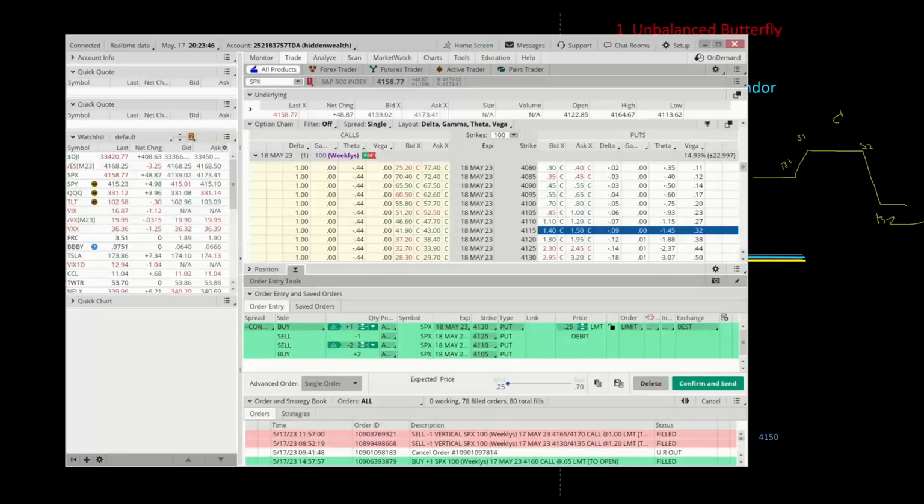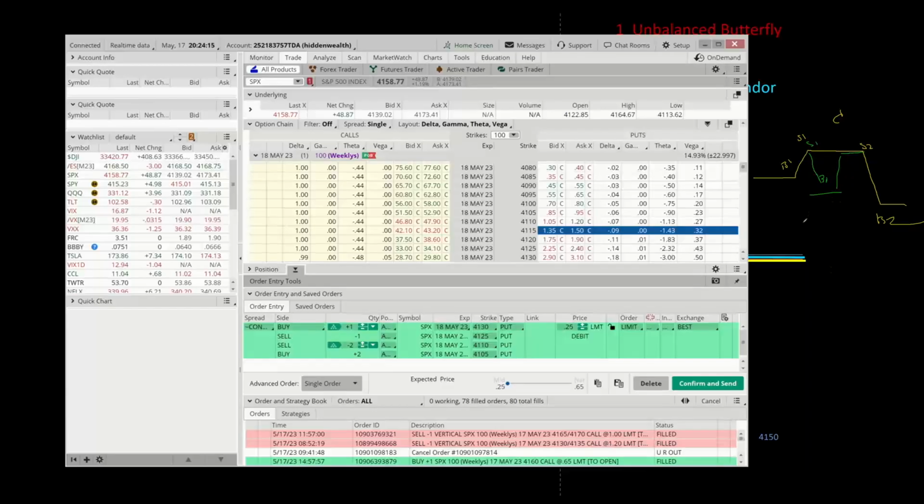Some people find the unbalanced condor really easy to alchemy because they know, okay, if I sell a spread here, I sell 1, buy 1, I got a butterfly, and I just got to buy something before these strikes 2 times. And I've got a condor and a butterfly.